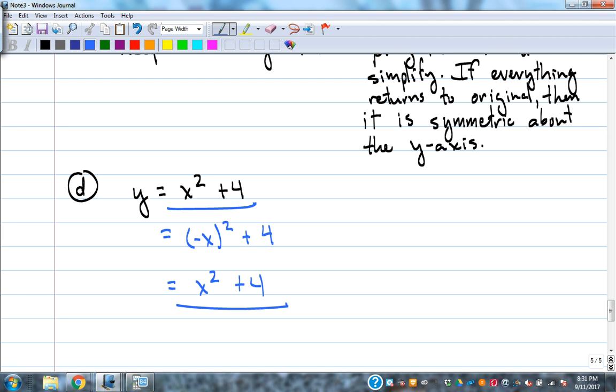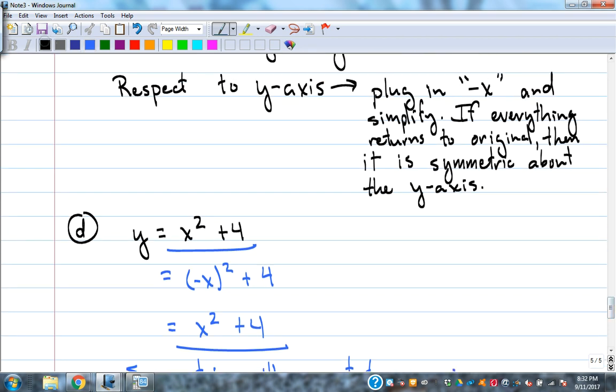Yes. Then that means that equation is symmetric with respect to the y-axis. All right, so that's the test for symmetry to the y-axis.